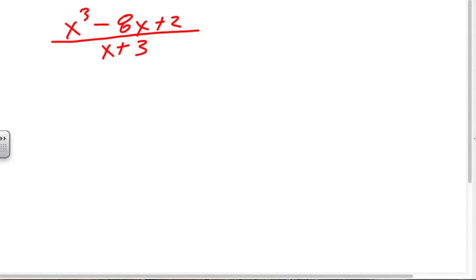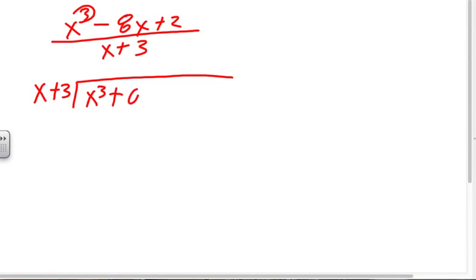First I set up x plus 3, and then I check my terms. I've got a cube, so I'm going to have an x cubed. Now I should have an x squared, but I don't, so I put 0 x squared, minus 8x plus 2.